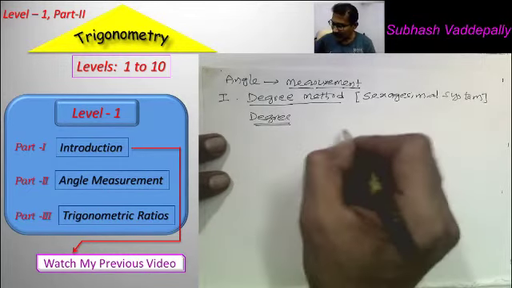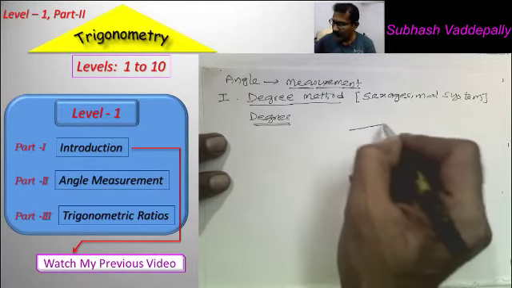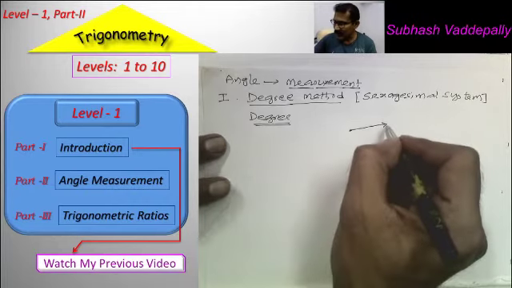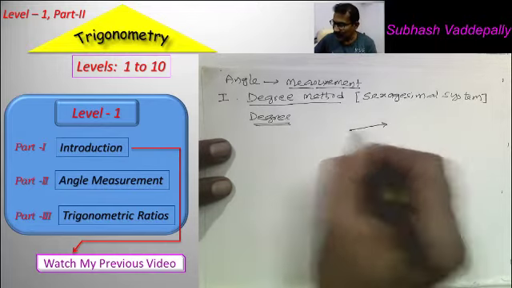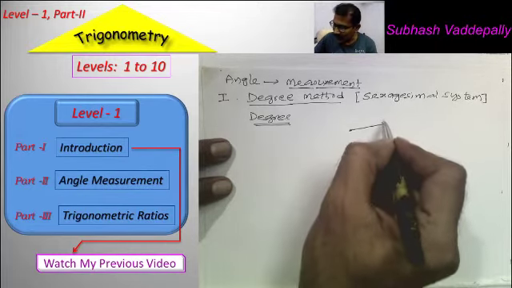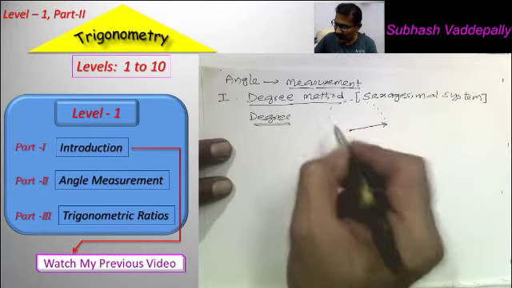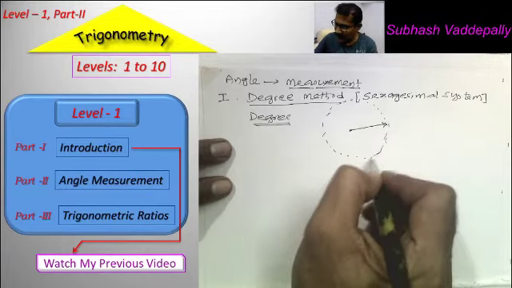For example, if I take a ray, this is the initial point, and this is not a terminal point, it can be extended up to any distance. If this ray completes one complete rotation with respect to its initial point, say like this, it forms a circle.